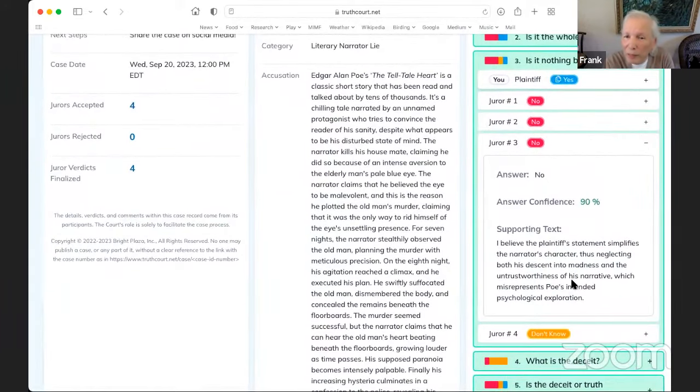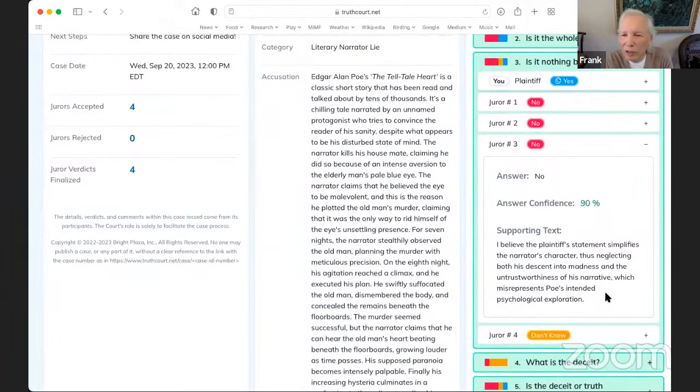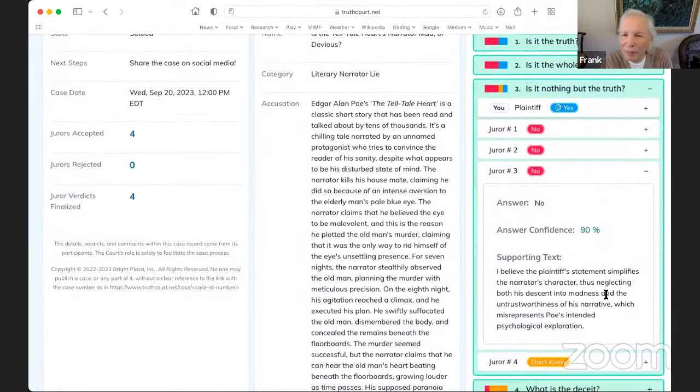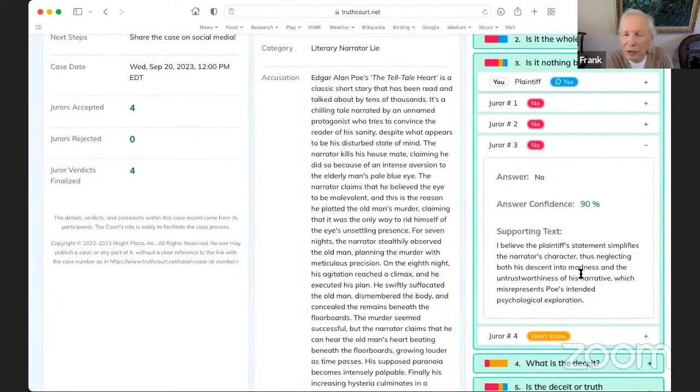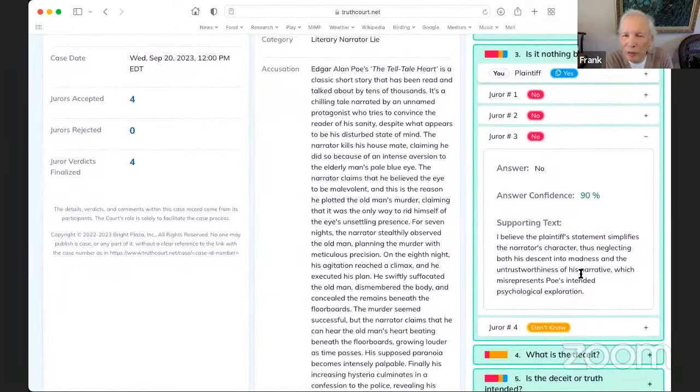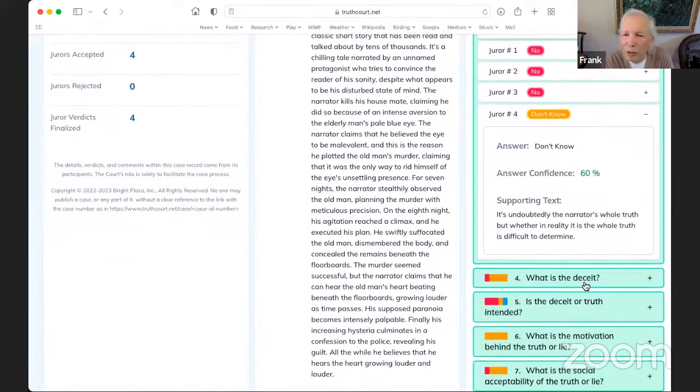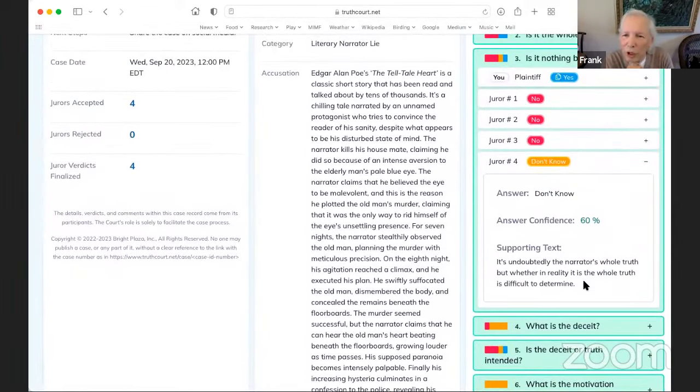Juror number 3, I believe the plaintiff's statement simplifies the narrator's character, thus neglecting both his descent into madness and the untrustworthiness of his narrative, which misrepresents Poe's intended psychological exploration. Okay. So the juror number 3 takes a shot at my claim. That's perfectly fine. Again, I don't see any textual support for this answer, though. Juror number 4, don't know.